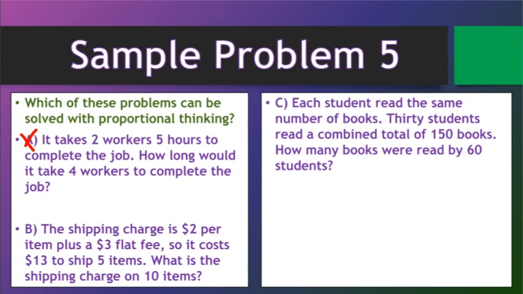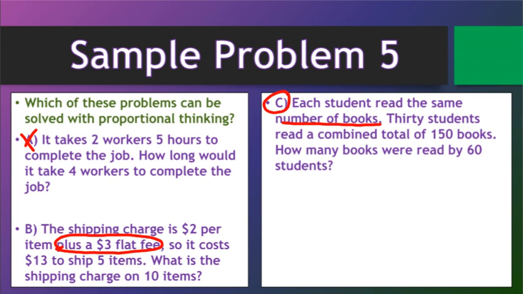That's going to change. The next one, the shipping charge is $2 per item plus a $3 flat fee. So it costs $13 to ship 5 items. Because you have this plus $3 flat fee, that's a clue that it's not going to be a direct or a proportional relationship. So the correct answer would have to be C, because everybody reads the same number of books.